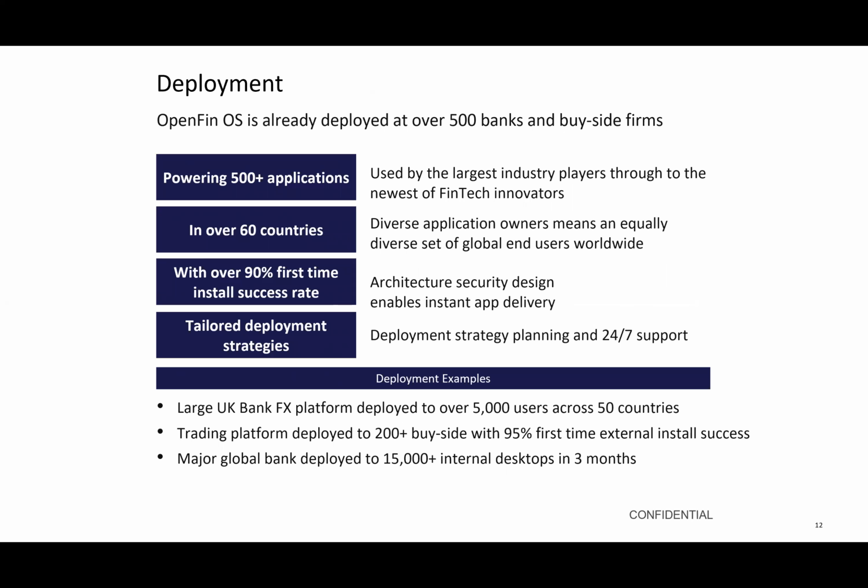A good example: one of our customers, a corporate bond platform, was able to reach over 200 buy-side institutions in just under 2 weeks with a 95% first-time install success rate. So really impressive. No longer are the days of sitting in the queue, going through packaging and licensing and trying to get your app out there. We've effectively removed that.